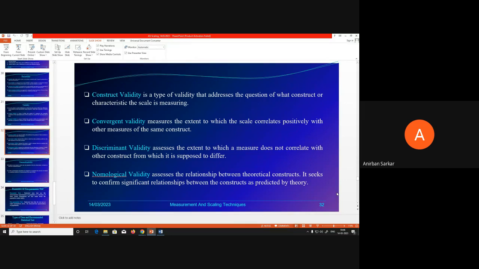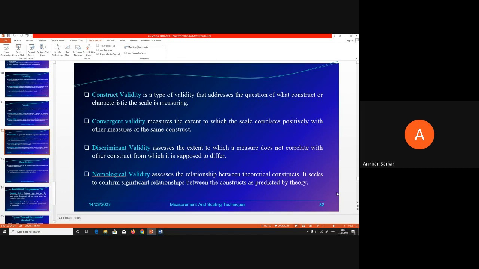Say you have 10 friends, and if they try to define you, and the classifications that your 10 friends have made are highly correlated, we call it convergent validity. Now, what is discriminant validity? Discriminant validity assesses the extent to which a measure does not correlate with other constructs from which it is supposed to differ.